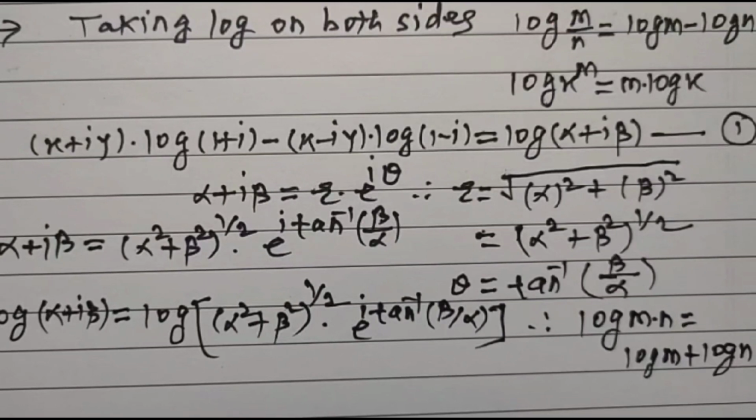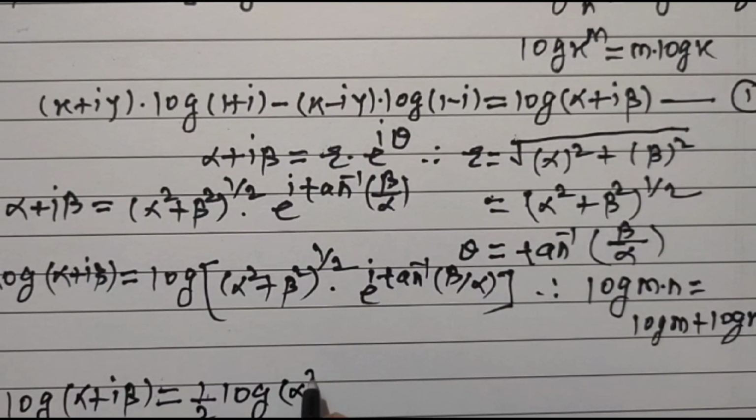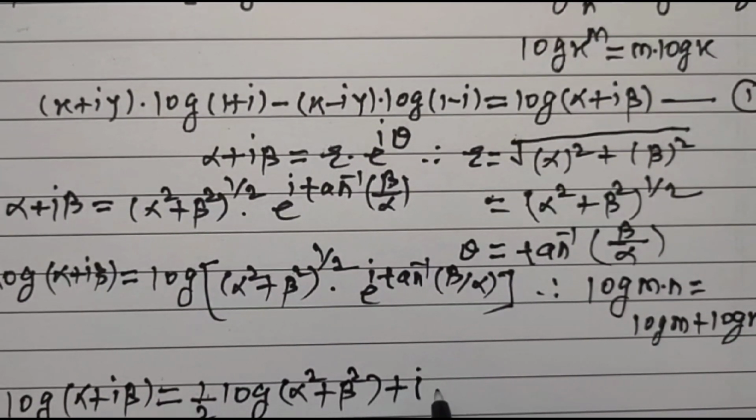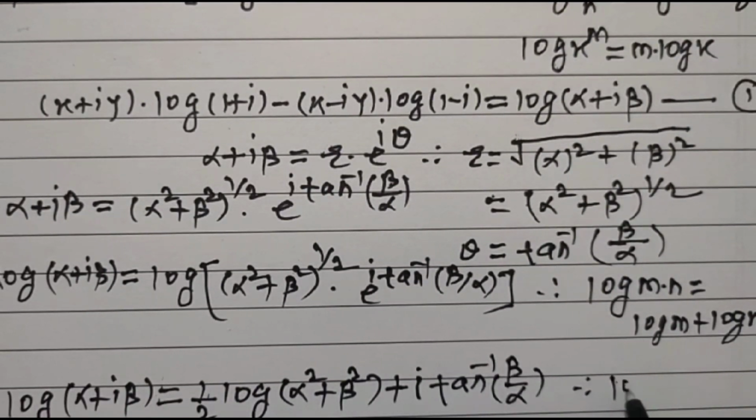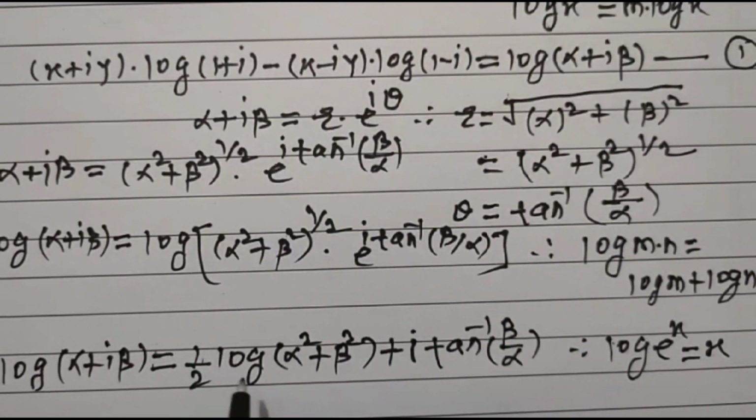Hence logarithm of alpha plus i beta is equal to 1 upon 2 logarithm of alpha square plus beta square plus i into tan inverse beta upon alpha, because you know logarithm of e to the power x is equal to x. Applying this property of log here, this is the logarithm of alpha plus i beta.